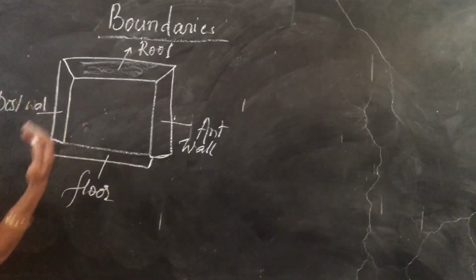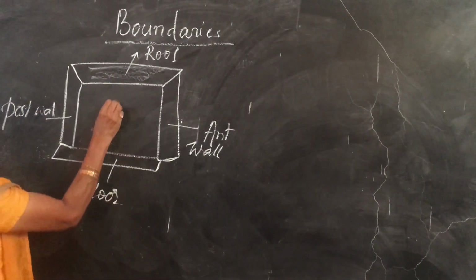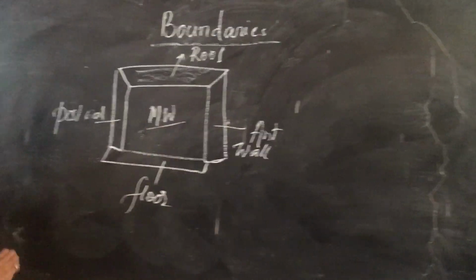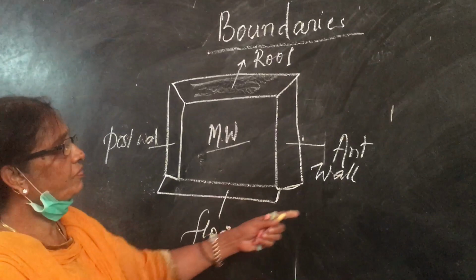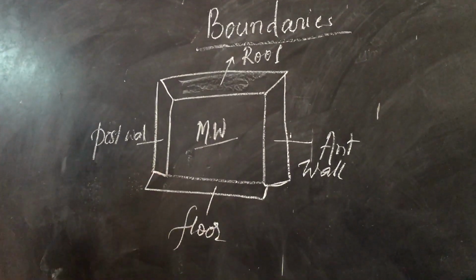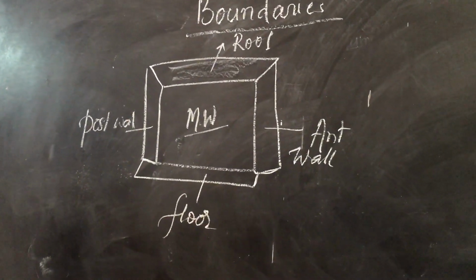The lateral wall has been removed, so what you are seeing is the medial wall. So the roof, posterior wall, the floor, the anterior wall and medial wall.